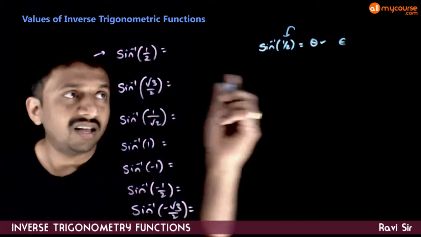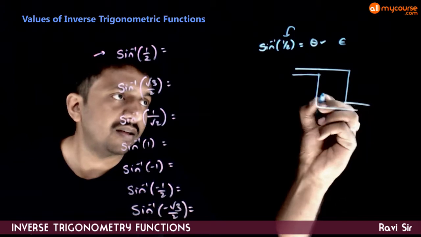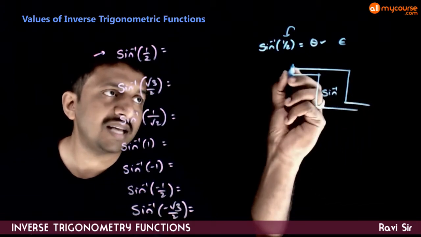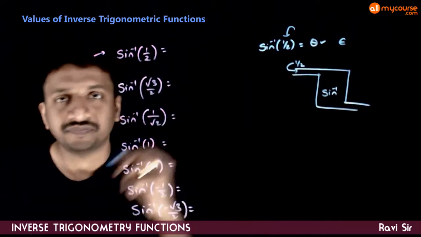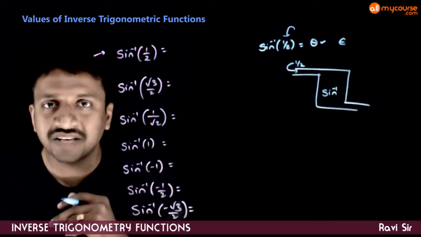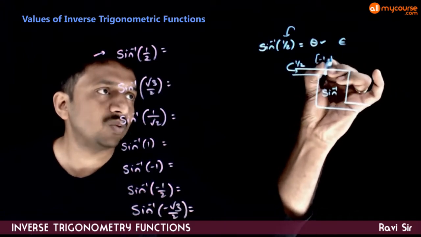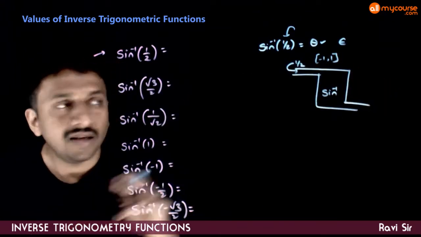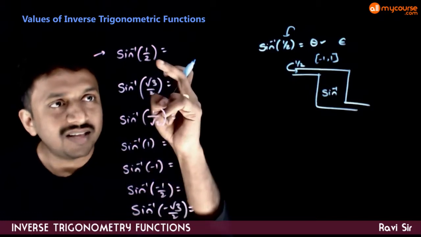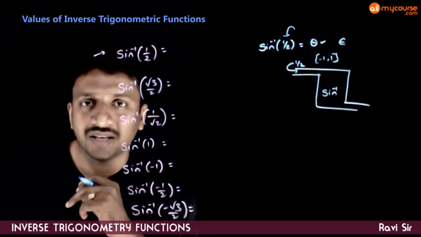That is, if a number goes inside the sine inverse function, this number has to belong to the domain of sine inverse. What is the domain of sine inverse? Minus 1 to 1. So you should make sure that the numbers which are going in are in between minus 1 and plus 1.